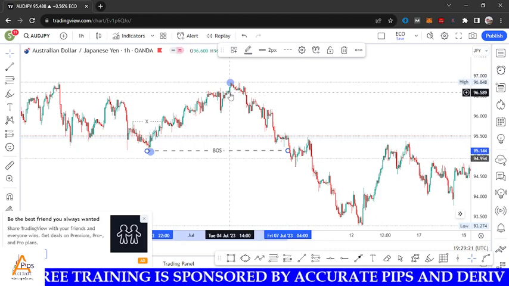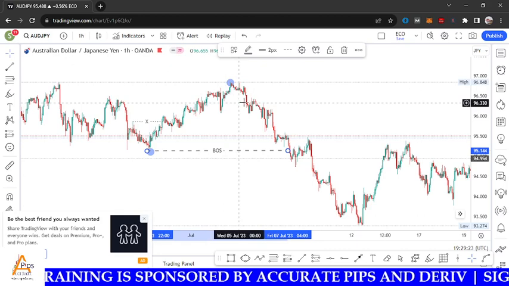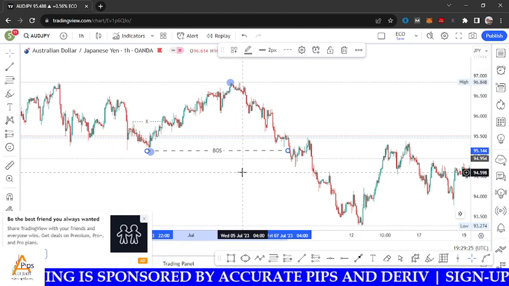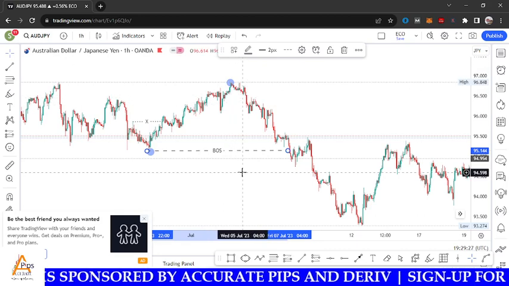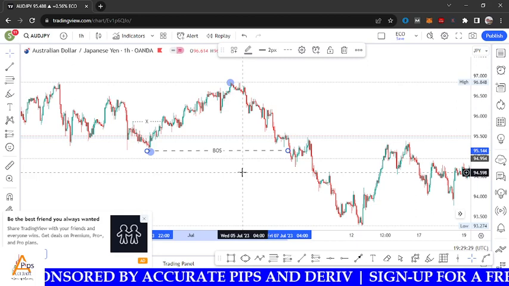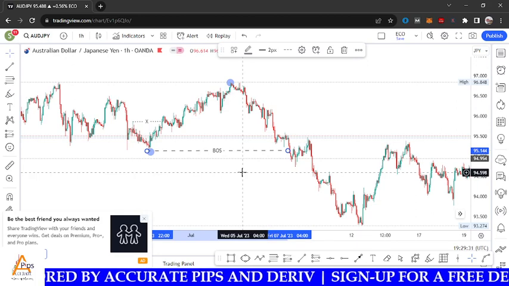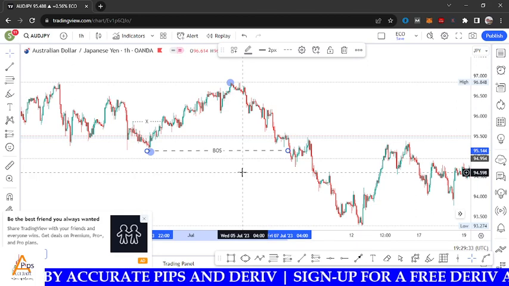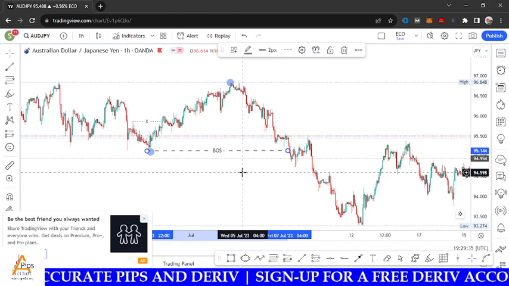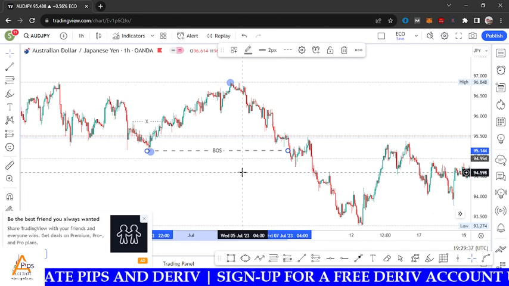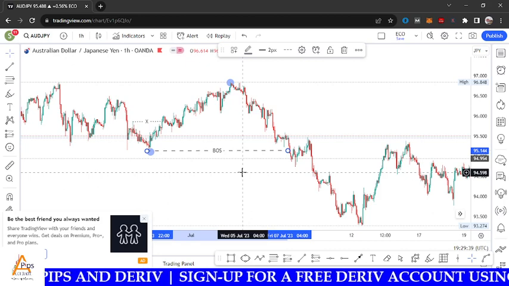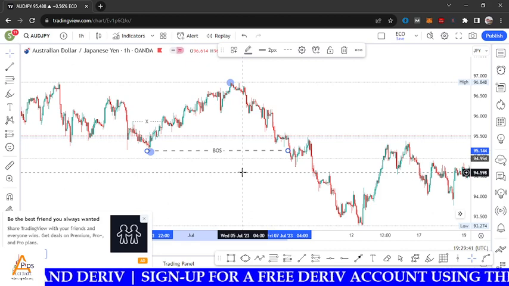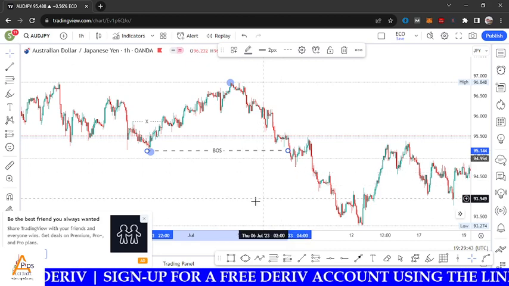That was when this high was confirmed. So one thing I didn't talk about is you will begin to look for order flow when there is a break of structure or change of character. Then we begin to look for order flow. Same applies with order blocks also.